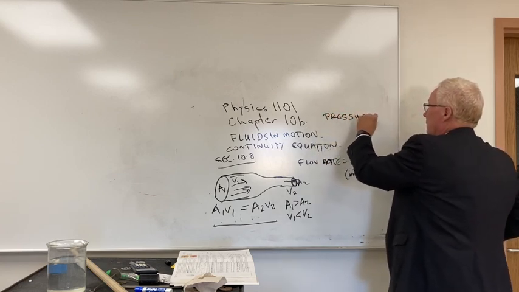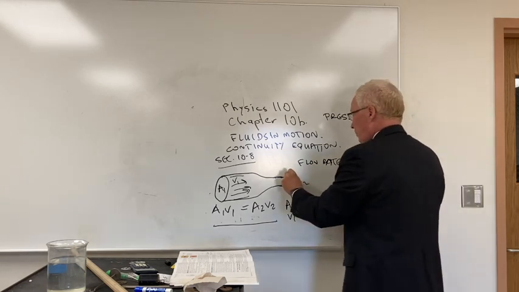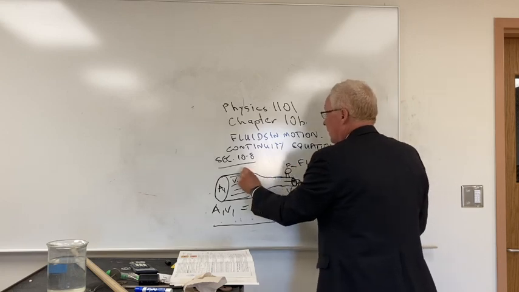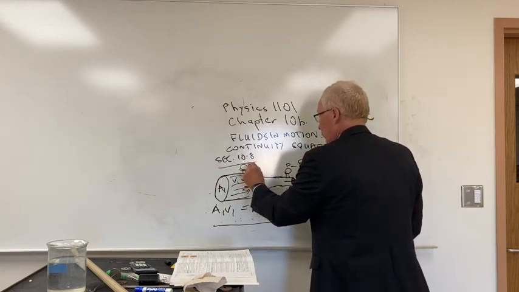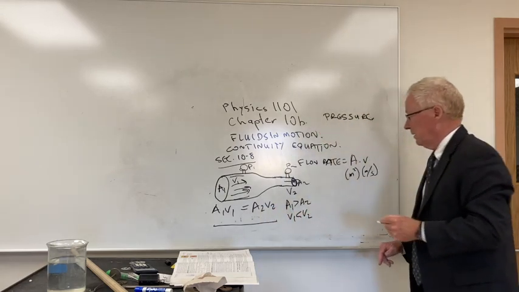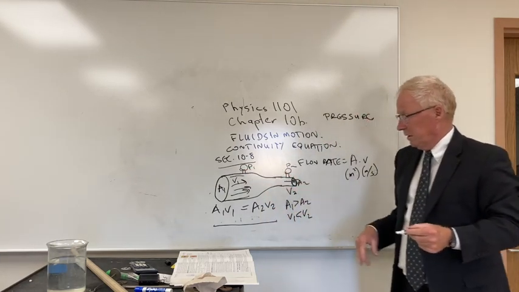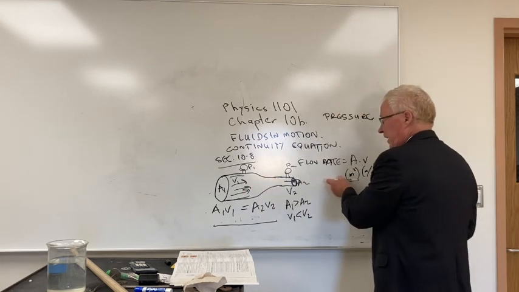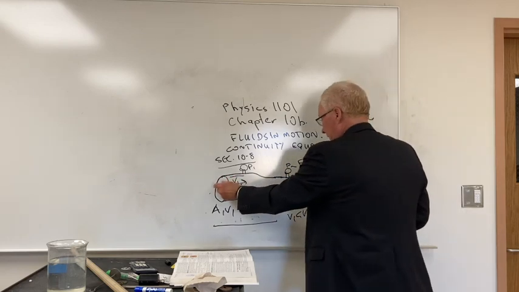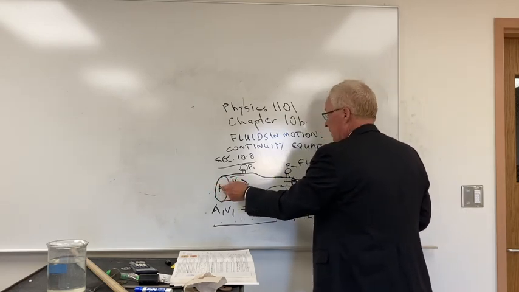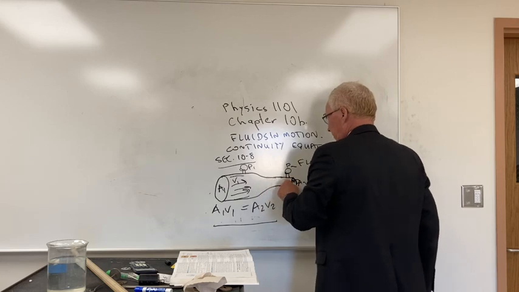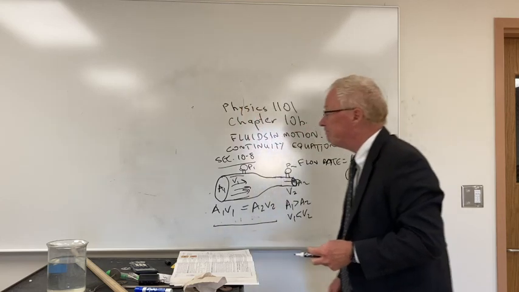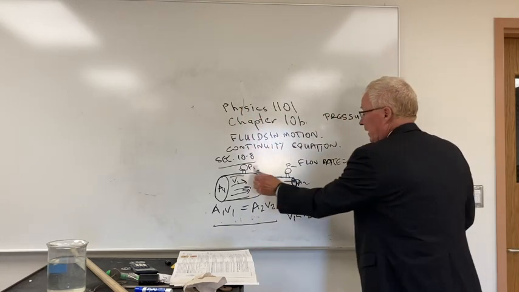Now, if we are to measure the pressure P2 and the pressure P1 here, like if we had a pressure gauge showing this, what we're actually going to find is, because this is moving much faster past it, the pressure is going to be less than it is over here.